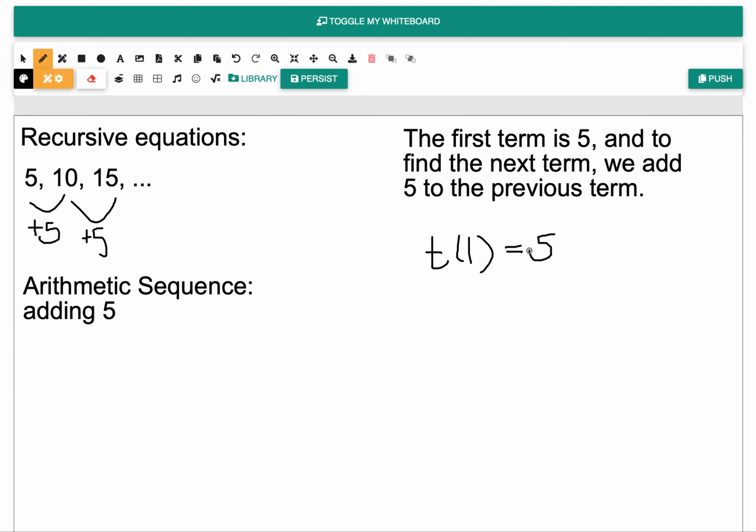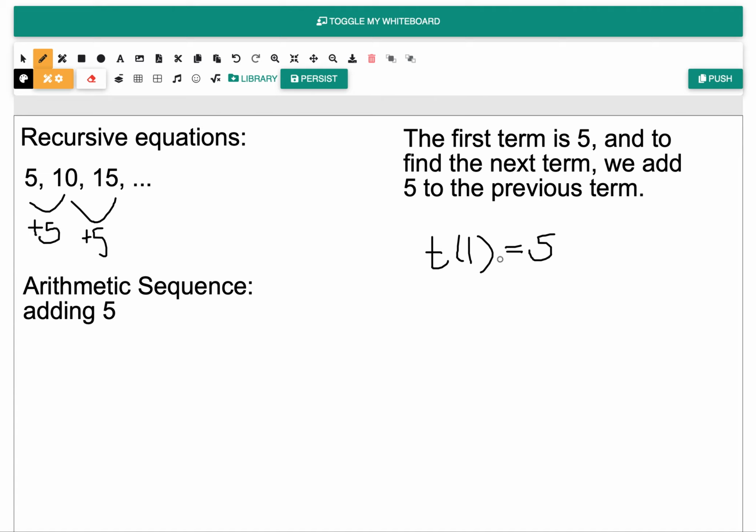This is saying the first term is 5. If this had a 2, that would say the second term is 10. Or if this had a 3, the third term is 15, so I would change it to 15. But again, let's just use the first term.